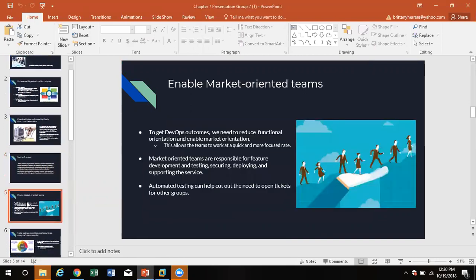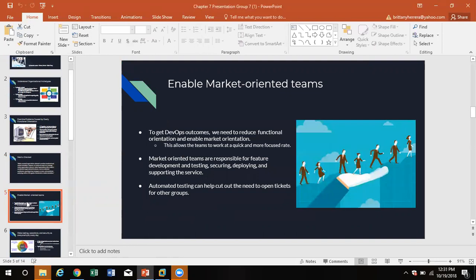So, enabling market-oriented teams. To get DevOps outcomes to be positive, we do need to reduce the functional orientation. It's nice that everyone has an expertise in real life, but when we have an idea of lots of different things, then we're able to help other people as well.